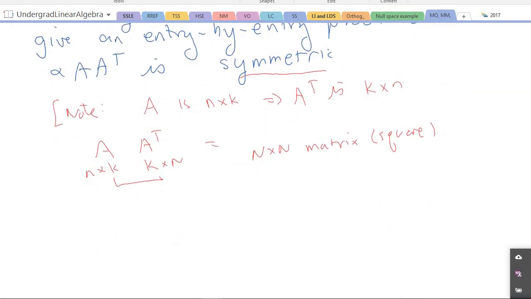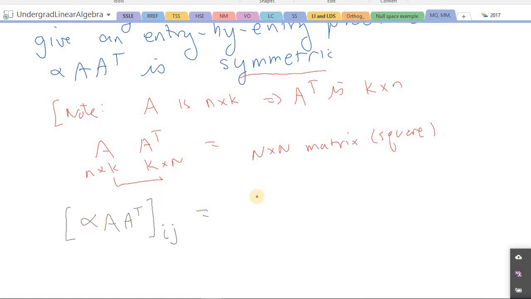And I'm going to want to express alpha AA transpose in coordinate format. So if I want the alpha AA transpose ij, now what does the alpha do?